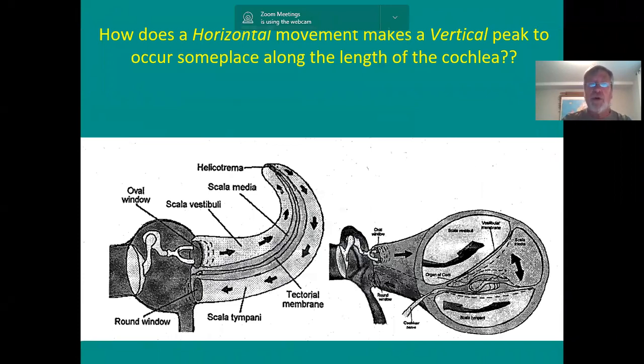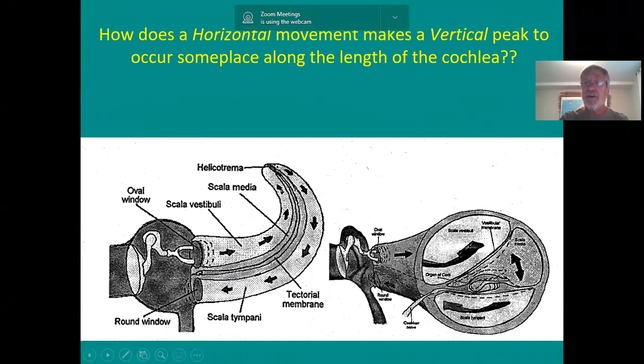You're looking at the horizontal movement back and forth, oval window pushing in, round window bulging out, and the corresponding vertical movement that takes place as a result. That's because the helicotrema gets narrower there. So pressure builds up when the fluid is forced here because it gets squeezed into a narrow area, and therefore there has to be some give.